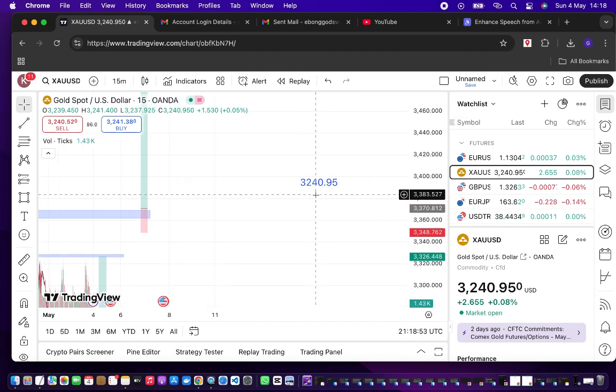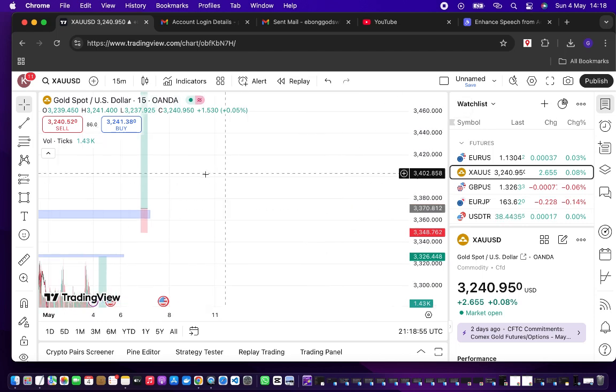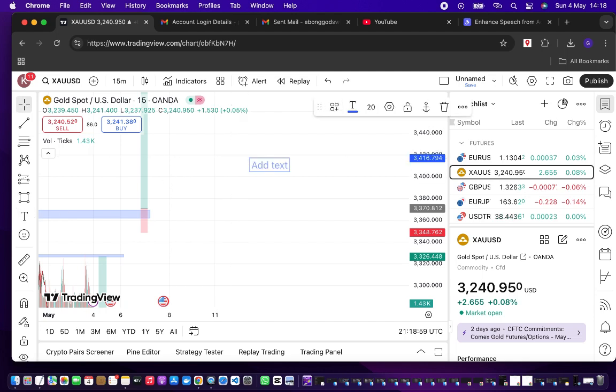So if gold is currently listed at, let's say, 3240.50, and it makes a 1 pip increase, the new market value is going to be 3240.60. And how do we get 60? We simply added 1 to the first number after the decimal points. So by adding 1, we have a new market value of 3240.60, which clearly shows a 1 pip increase.